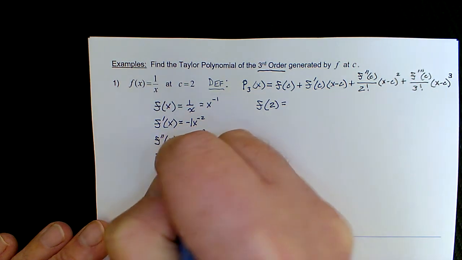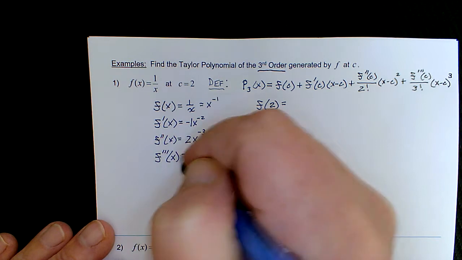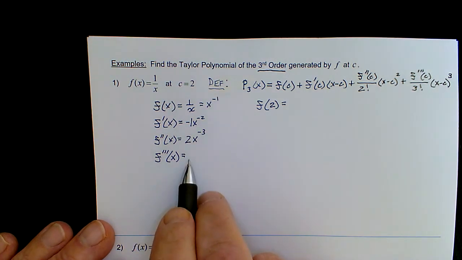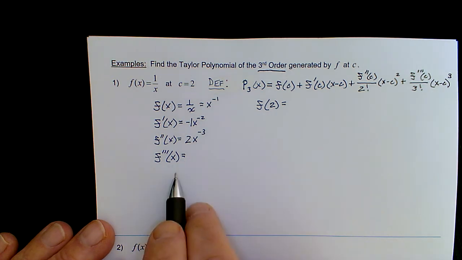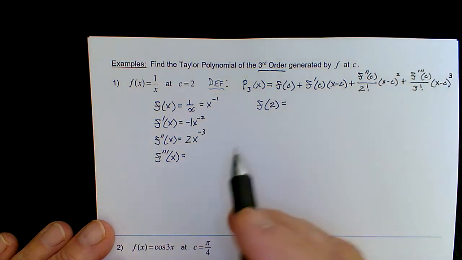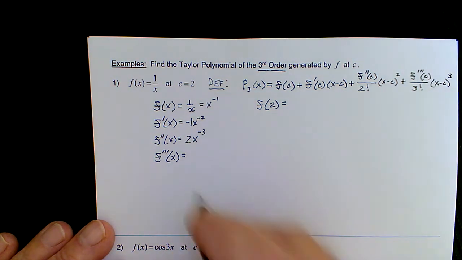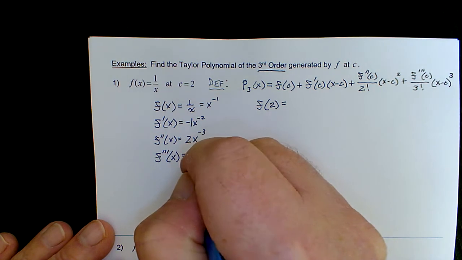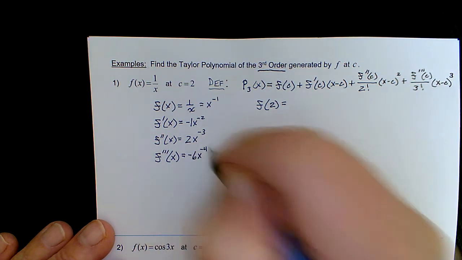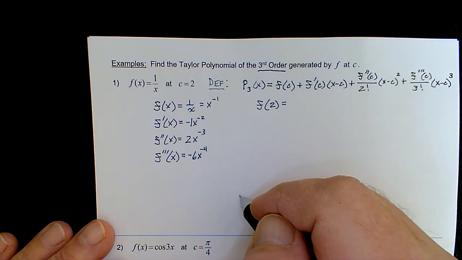Okay, normally here what I would do is express this as not negative 6, but negative 3 times 2, because I would want to preserve that factorial that's being generated, because 3 times 2 times 1 is 3 factorial. But in this case, because we're not asked to use summation notation, we could just say negative 6, x to the negative 4.